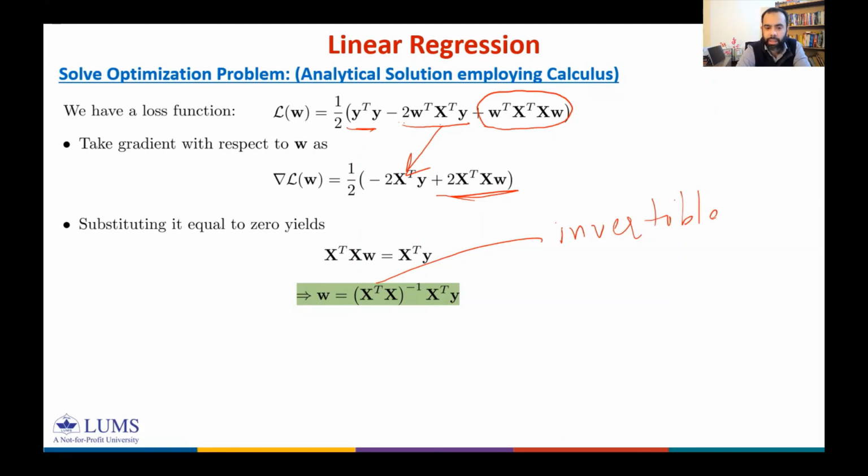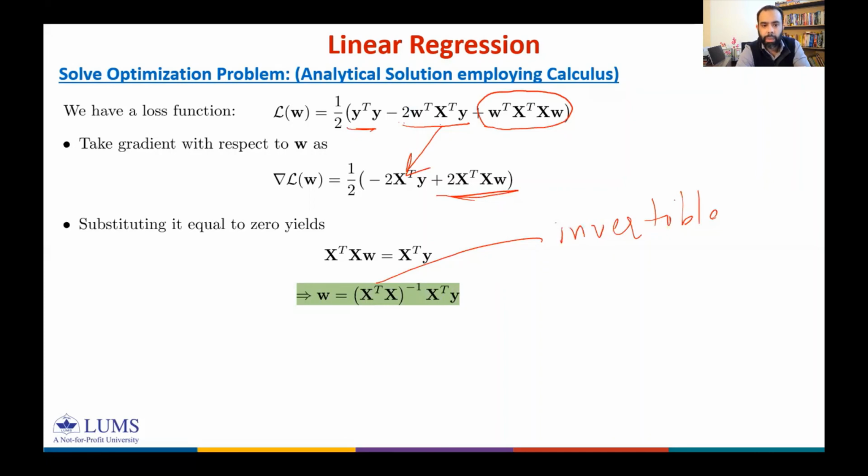So what is the size of this matrix? What is the size of x? Do you recall? The size of x was? Okay, what is the size of y? The size of y is n times 1, right? And what is the size of x transpose? x transpose would be d plus 1 times n.